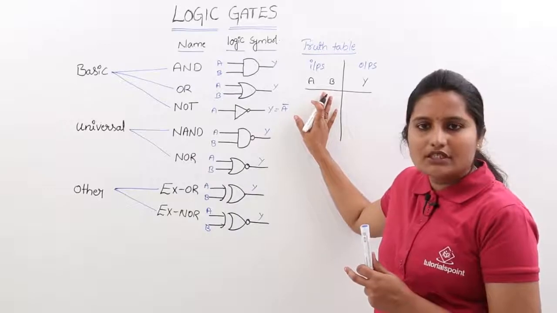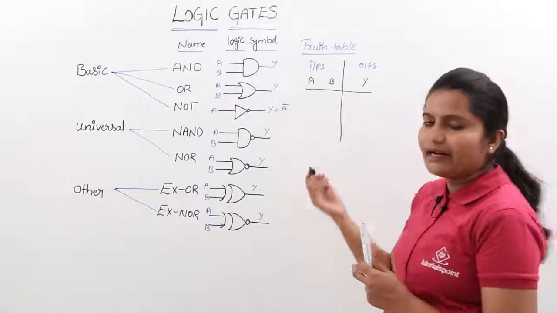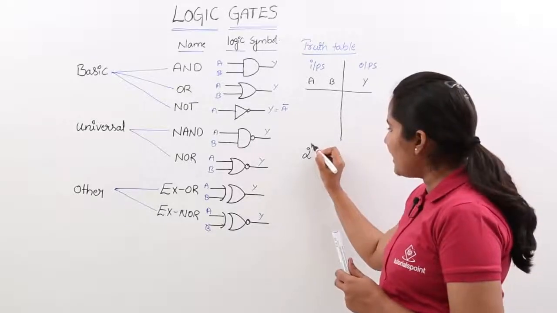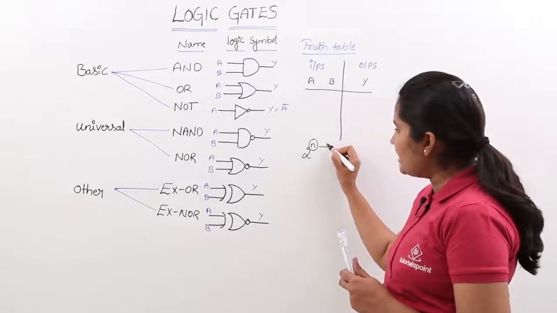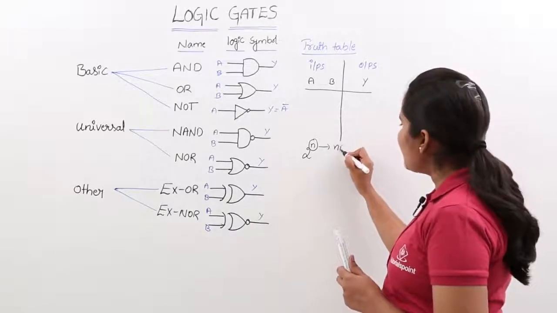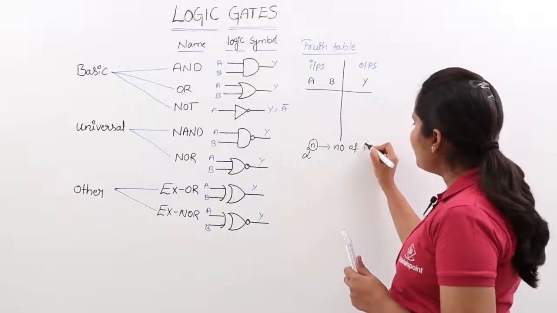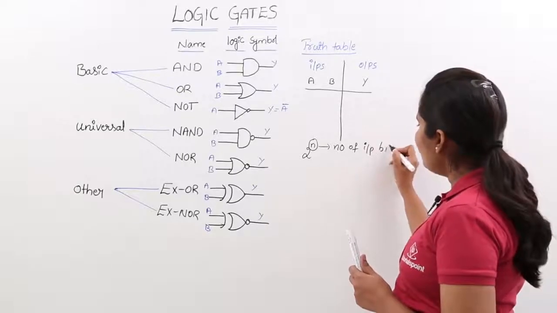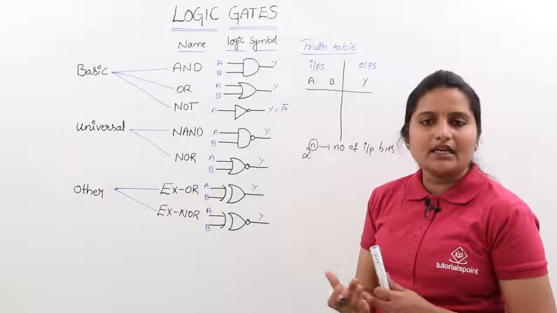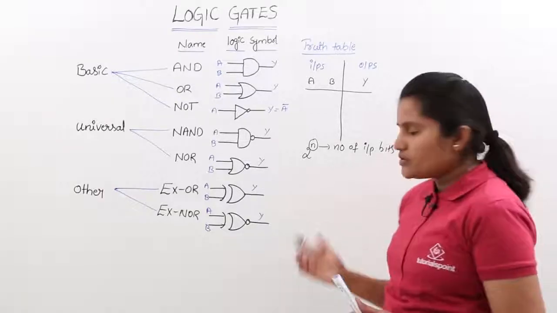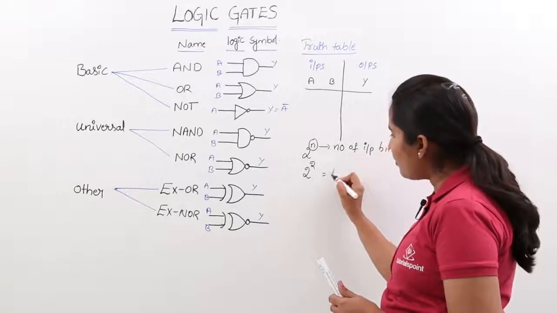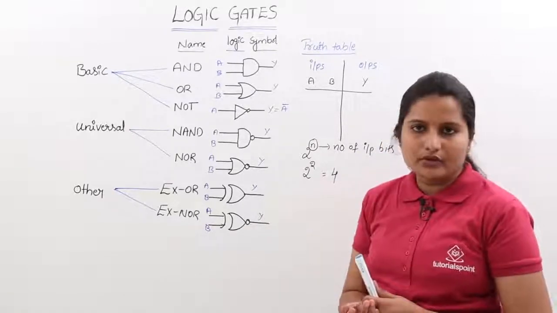Now, how many combinations may we have here? We may have 2 power n combinations, in which n is equivalent to the number of input bits. For example, if you are taking a 2 input AND gate, the number of inputs is 2, so you may have 4 combinations of input.